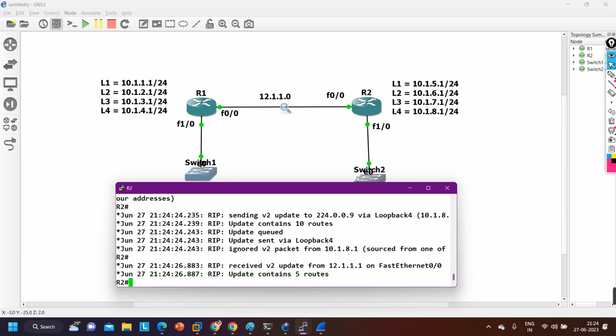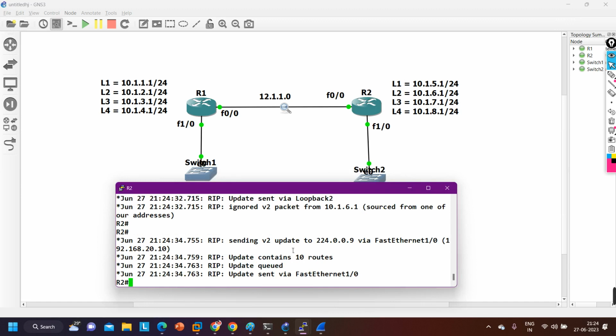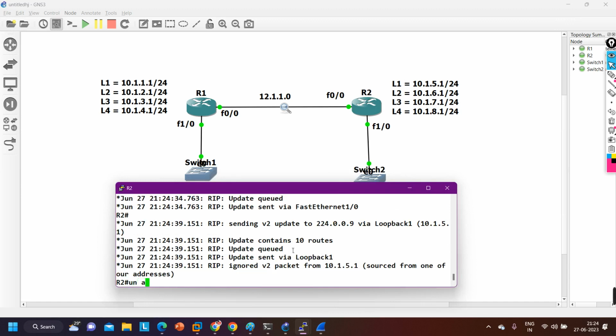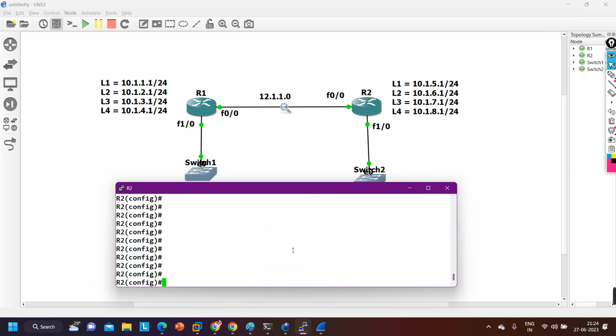It is sending update messages from all loopback interfaces, from F1/0 also, but it should send the update message from F0/0 only. Undebug all and config t.